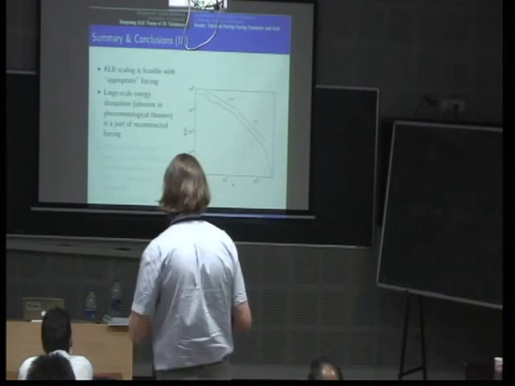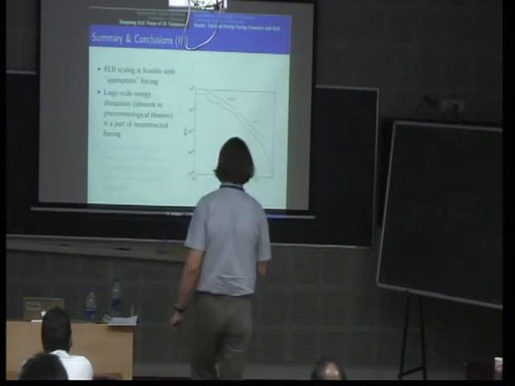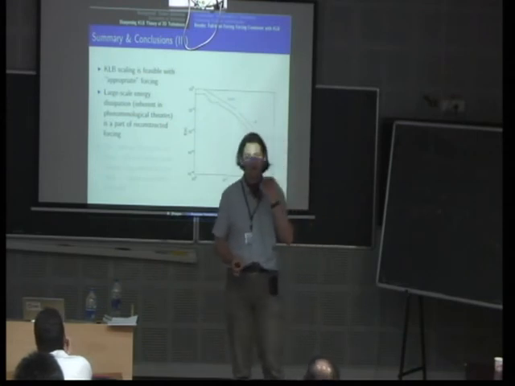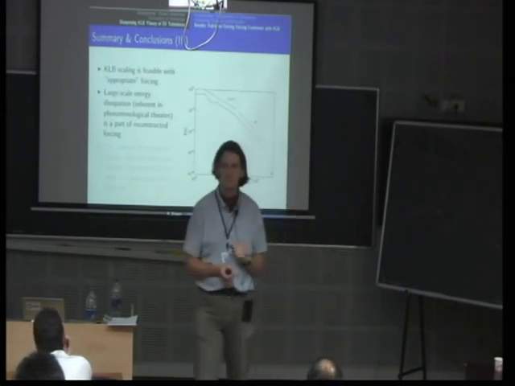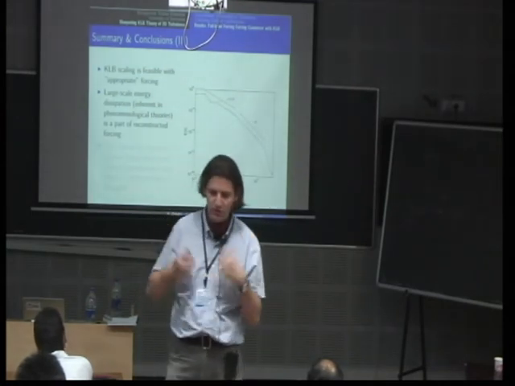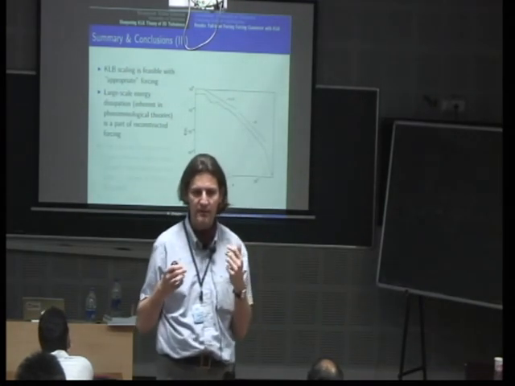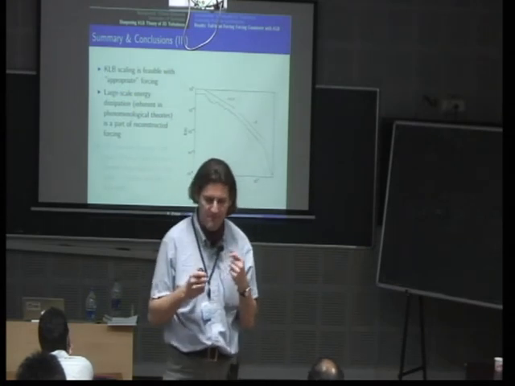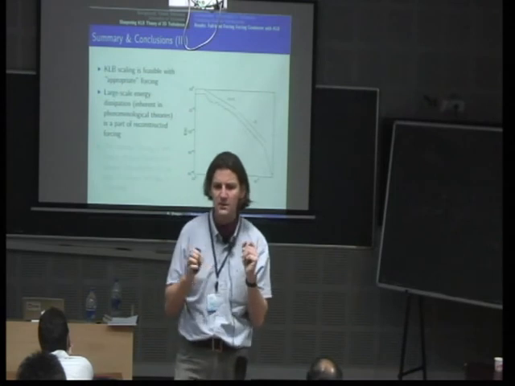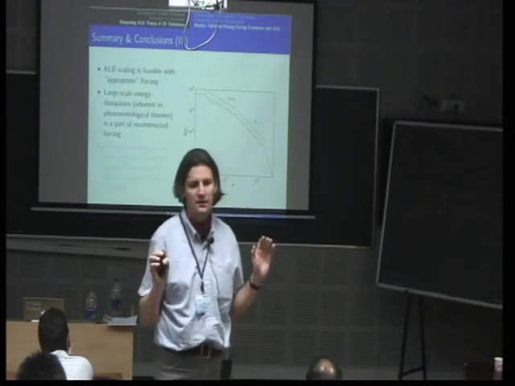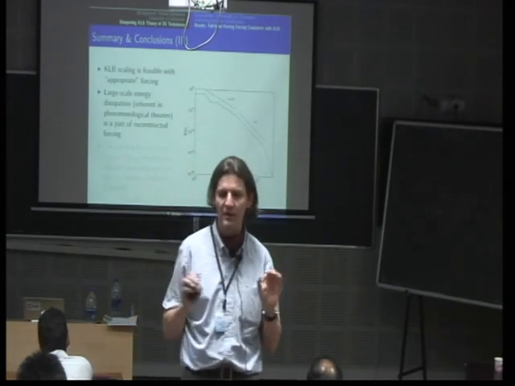So if we take our optimal forcing and perturb it just a little bit, then the whole thing falls apart. So this solution is not very robust. If we take our forcing and just add some very small level of noise, the whole thing falls apart, and we don't see the -3 slope anymore, or anything even close to it.